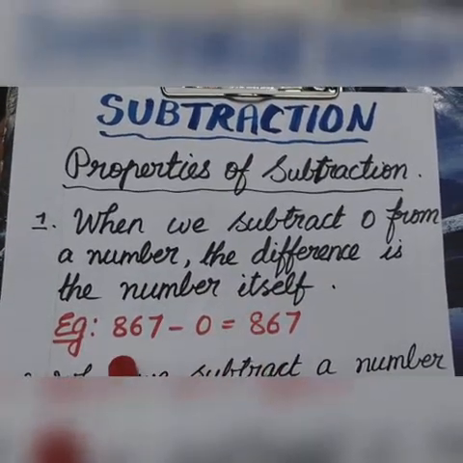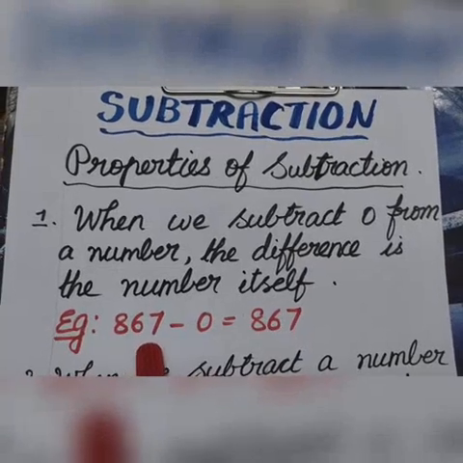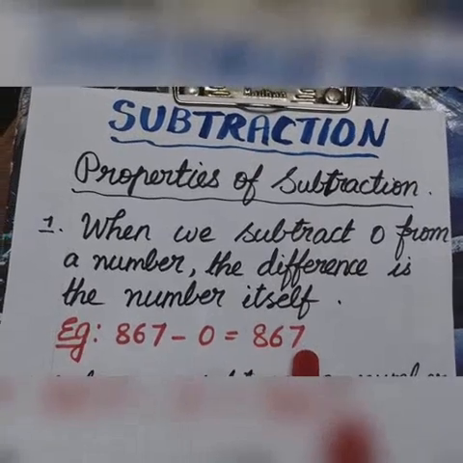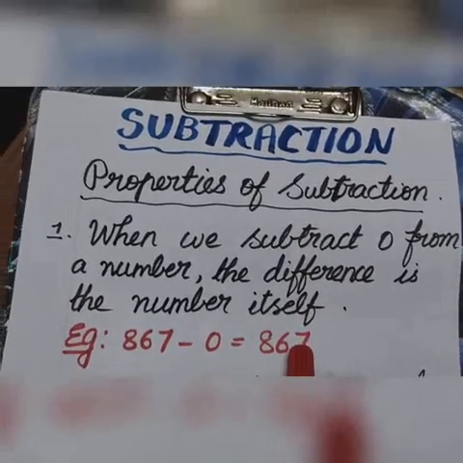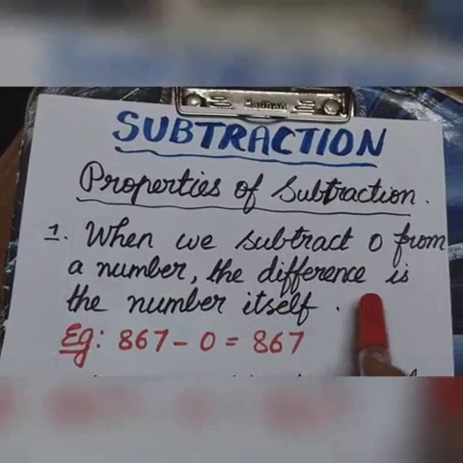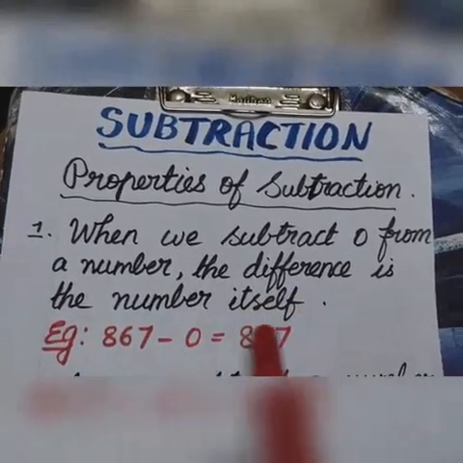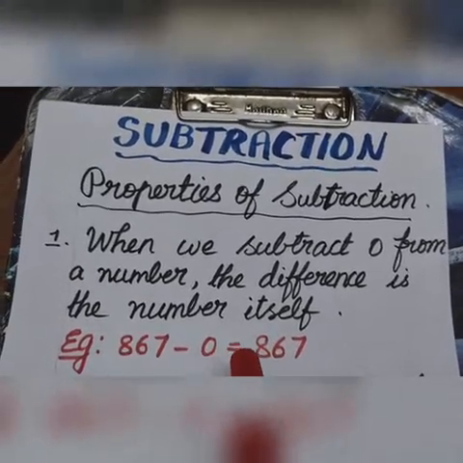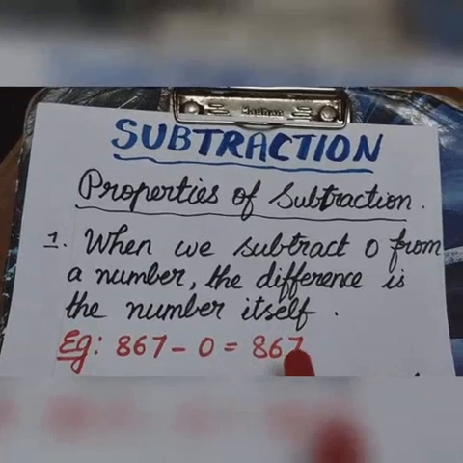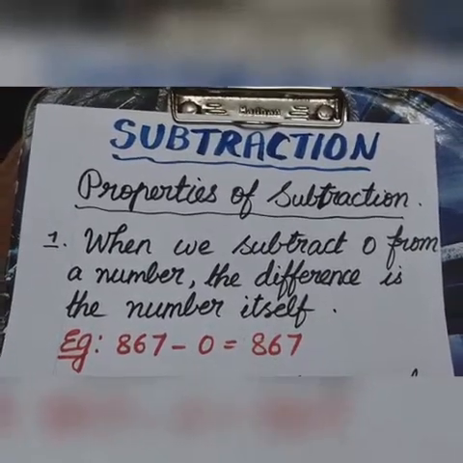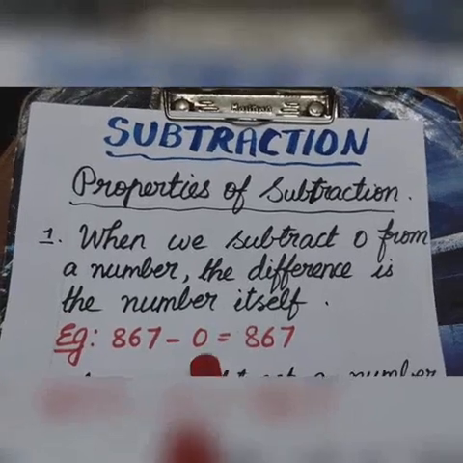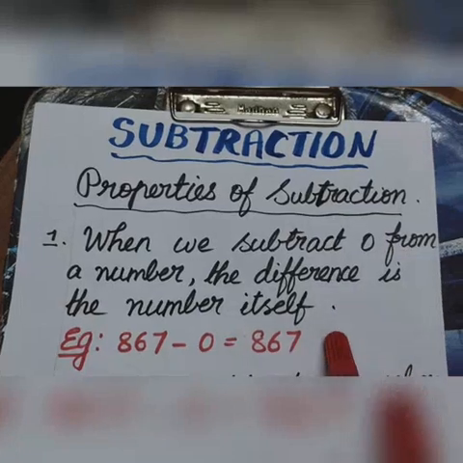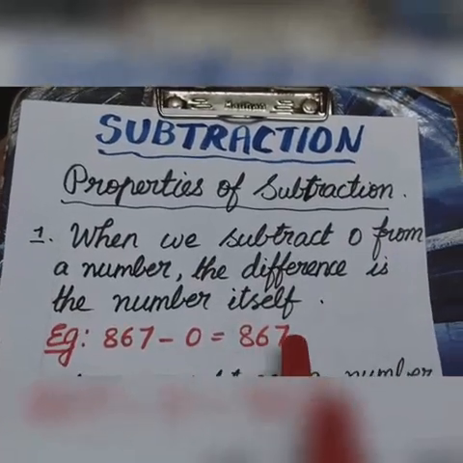See this example, 867 minus 0 equals 867. So our first property: when 0 is subtracted from a number, the difference is the same number.